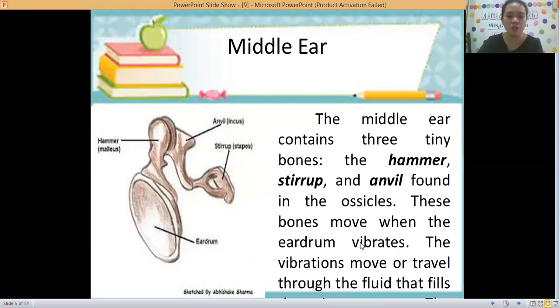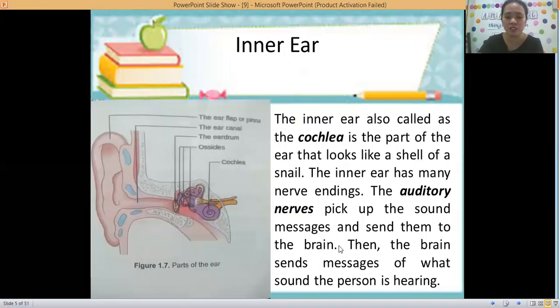These bones move when the eardrum vibrates, and the vibrations travel through the fluid. And the inner ear, also called cochlea, is the part of the ear that looks like a shell. And the auditory nerves pick up the sound messages and send them to the brain.